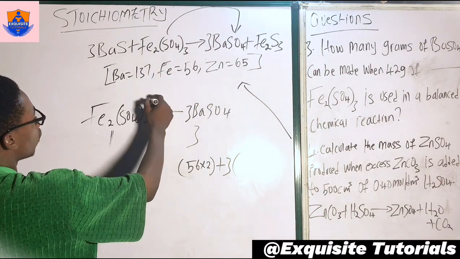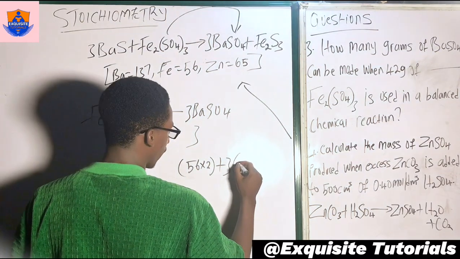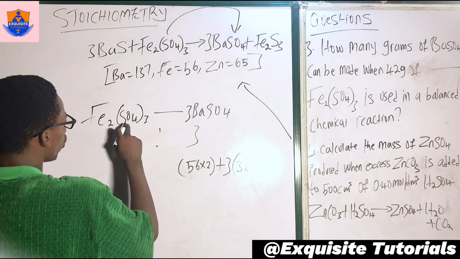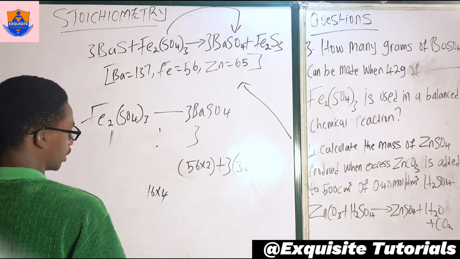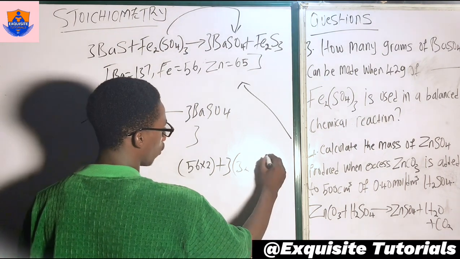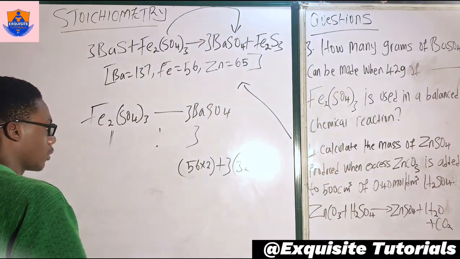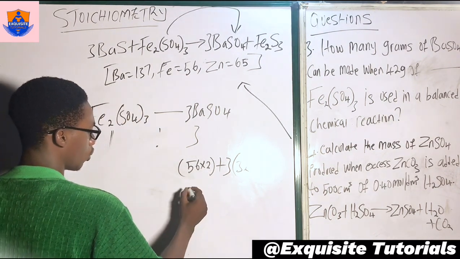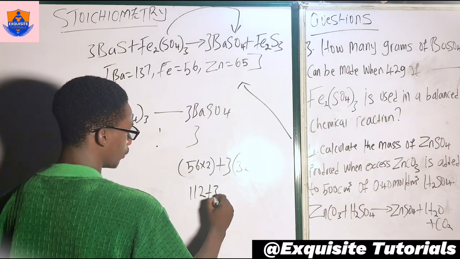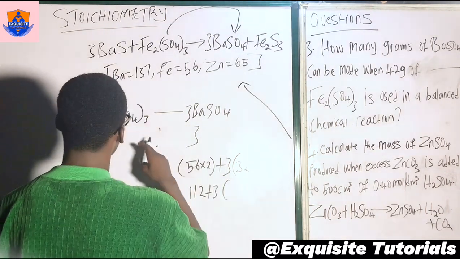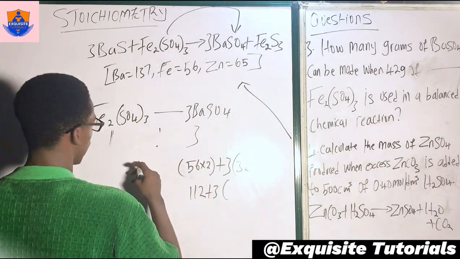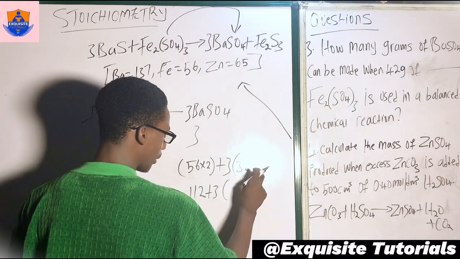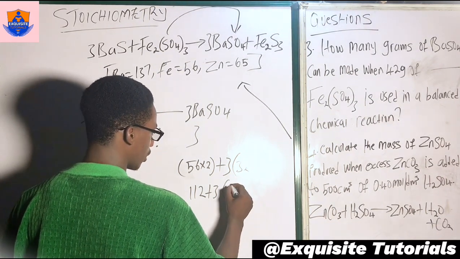The molar mass of sulfur is 32, so we have 32 plus oxygen, which is 4, so 16 times 4. 16 times 4 is 64. So if we add this, 56 times 2 will give us 112 plus 3 into 32 plus 64, which gives us 96, so we have 96.